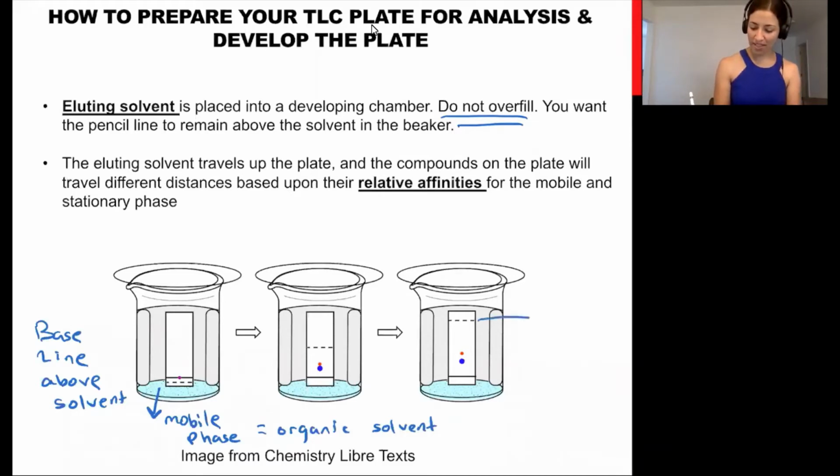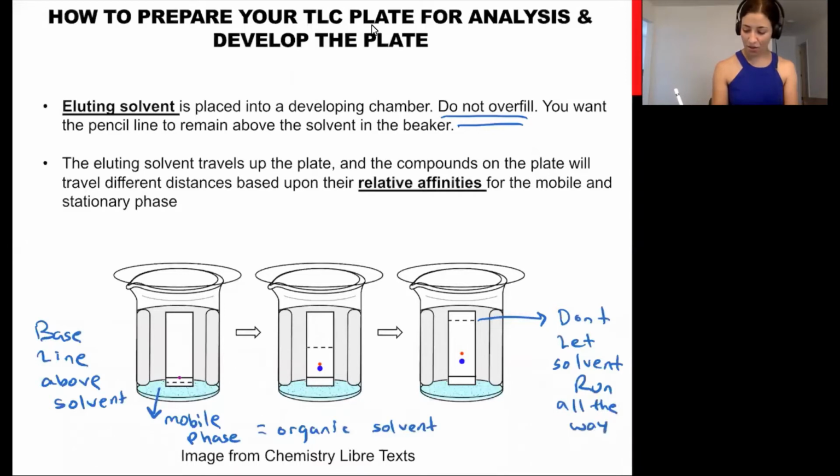We typically stop developing prior to reaching the very top of the plate. So don't let your solvent run all the way up. Okay. We don't want to lose important information. So we want all of our information to be kind of between the baseline and some area below the very top of the plate that we can easily visualize.